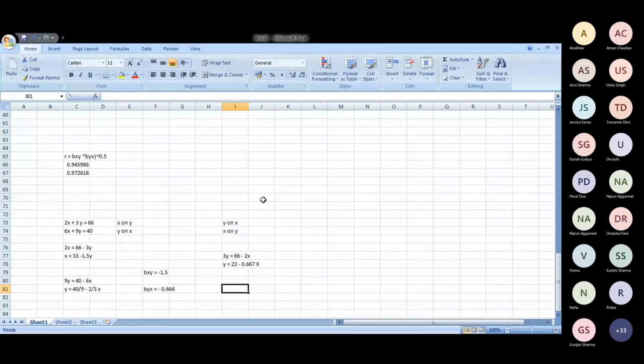And if the second line is x on y, then x on one side: 6x is equal to 40 minus 9y, and x is equal to 40 by 6 minus 9 by 6y. 9 by 6 means 3 by 2y.